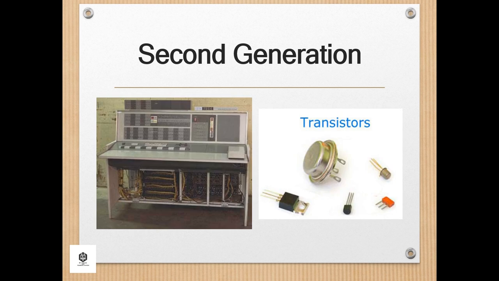The main features of second generation are use of transistors, reliable in comparison to first generation computers, smaller size as compared to first generation computers, generated less heat as compared to first generation computers, consume less electricity as compared to first generation computers, faster than first generation computers, still very costly, AC required, and supported machine and assembly languages.